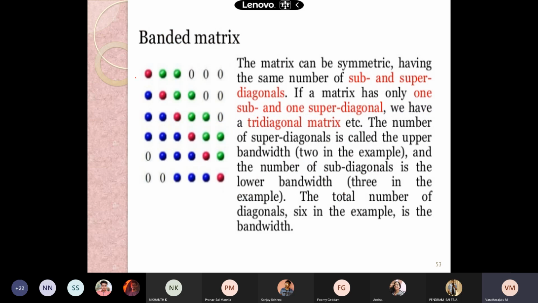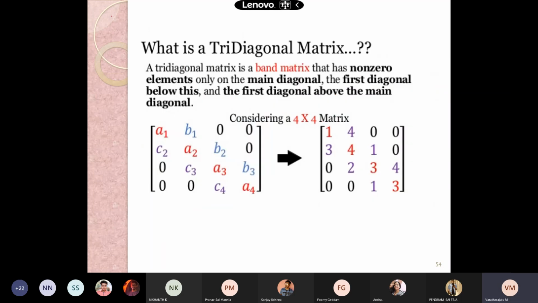Here the number of super diagonals is 2 and the number of sub diagonals should be 3, isn't it? We have 2 more diagonals above the main diagonal. This is the super diagonal, and this is the sub diagonal. And see here, what is a tri-diagonal matrix?